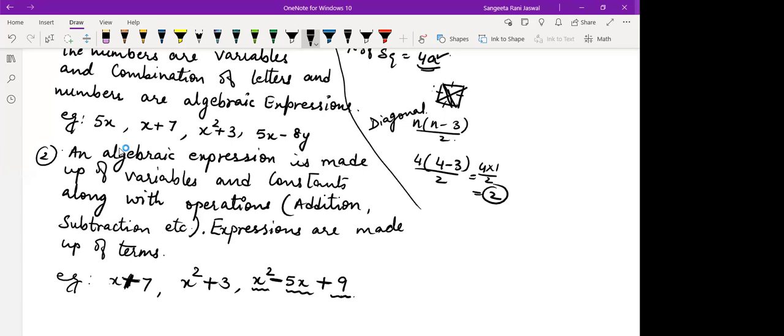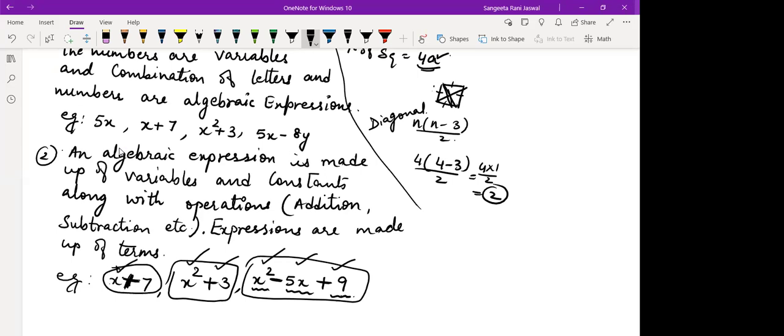So terms are specified only when you have plus and minus sign. But suppose you have some term like x square 5 into x, then multiply will not separate the term. Only plus and minus will separate the term. So this algebraic expression has three terms. This algebraic expression has two terms, this and this. This algebraic expression has two terms, this and this. And suppose if I have an algebraic expression like this, this has one term. This is only x.